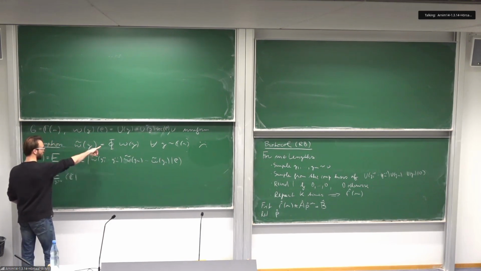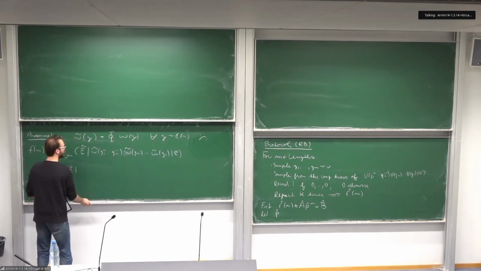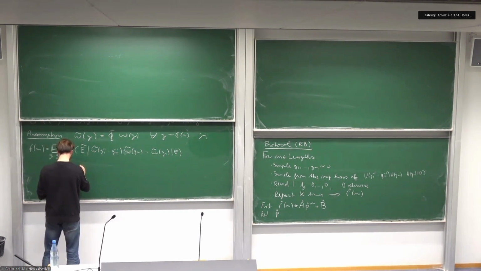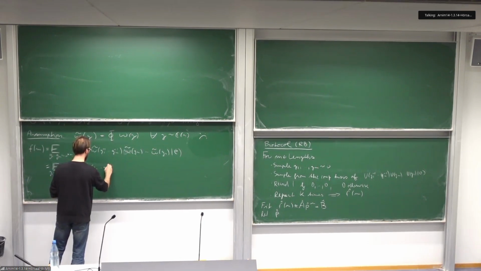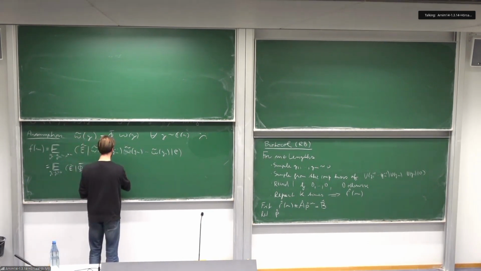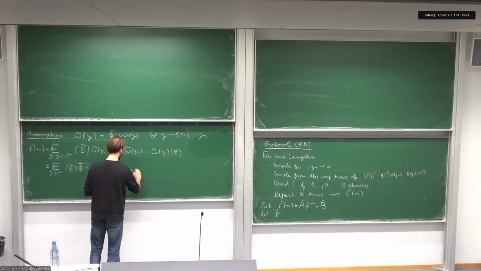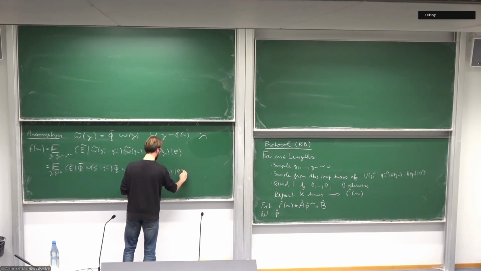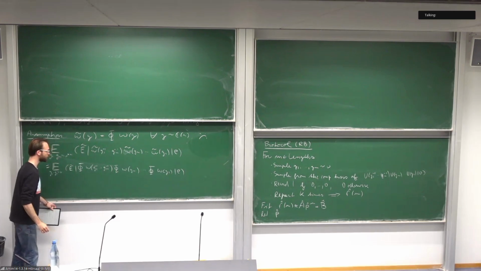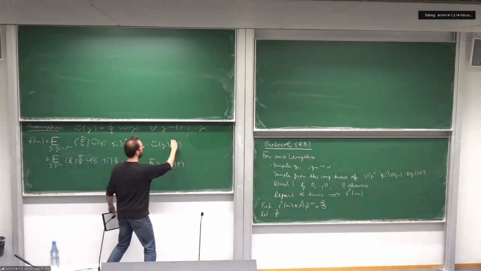So now I do this, and I get phi here, then I get the noiseless version, and then I get phi here, and again the noiseless version. Oh, there should be a tilde here.